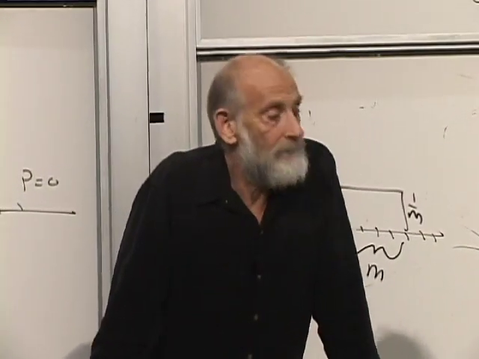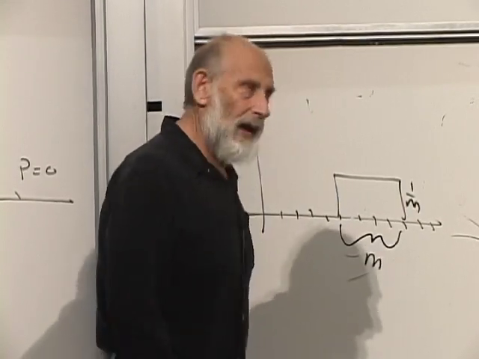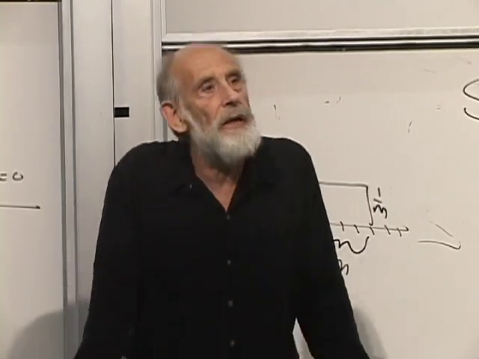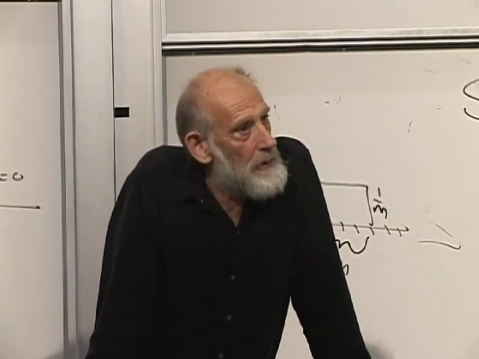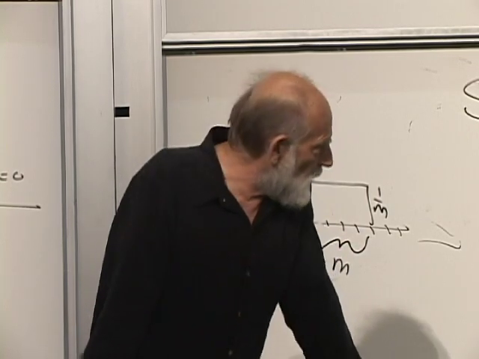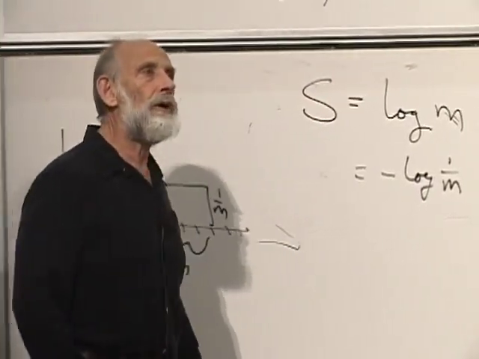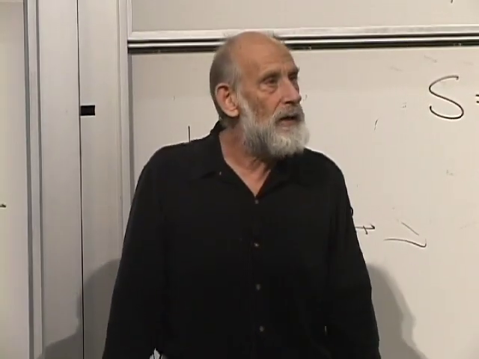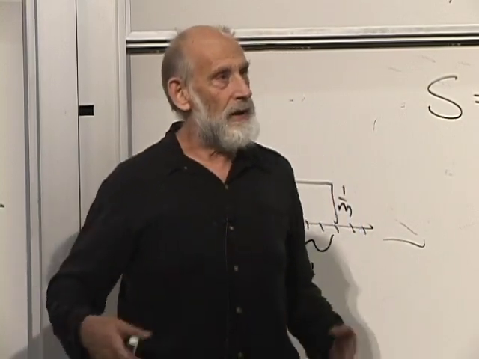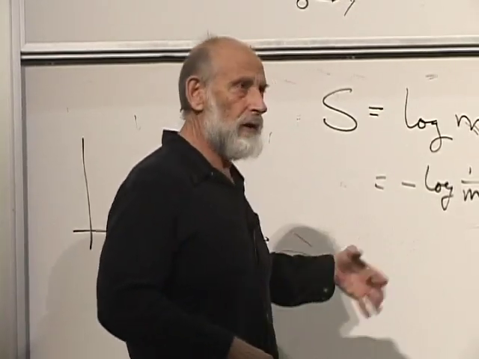Does it matter what the base of the logarithm is? You have your choice about how you want to define it, and in different branches of science it's defined in different bases. In physics, it's always log to the base e, the natural logarithm. In information theory, it's usually log to the base 2. But the conversion factor is just a factor of logarithm of 2, so it's a trivial relationship.